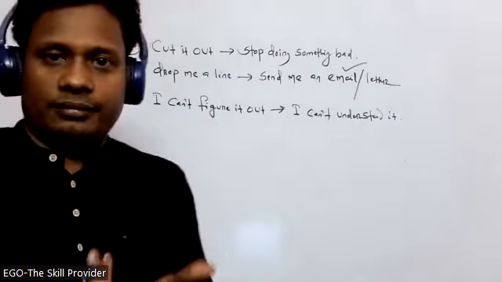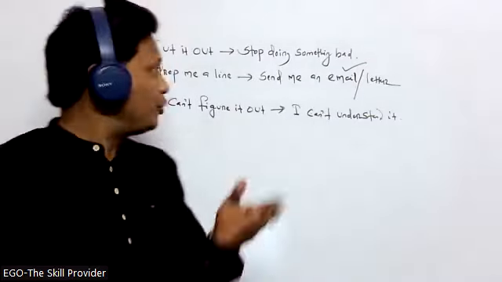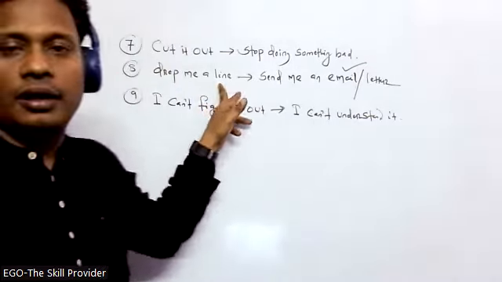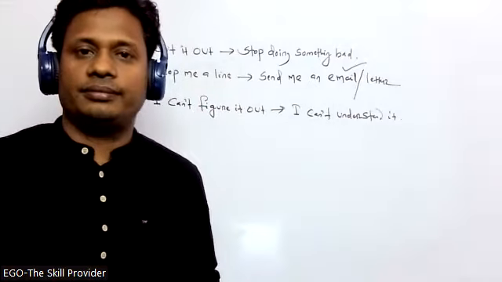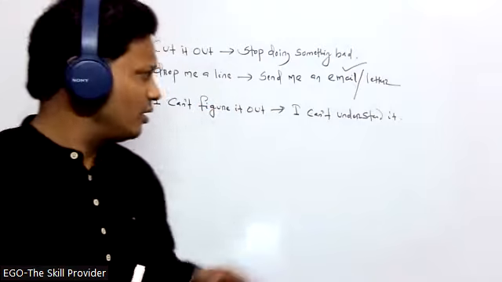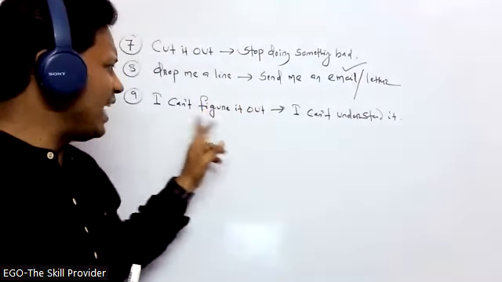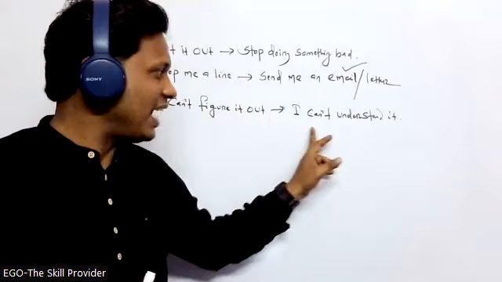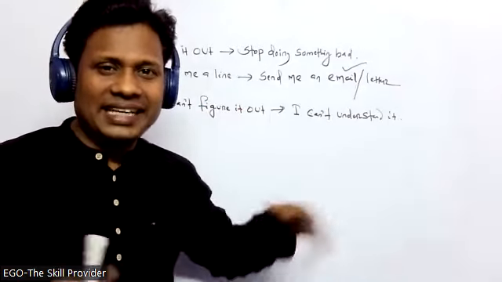Suppose I told you something, and suppose I said drop me a line. I explained it, but you could not understand it. You can say, sorry sir, come again, because I can't figure it out. Means I can't understand what exactly you're telling.